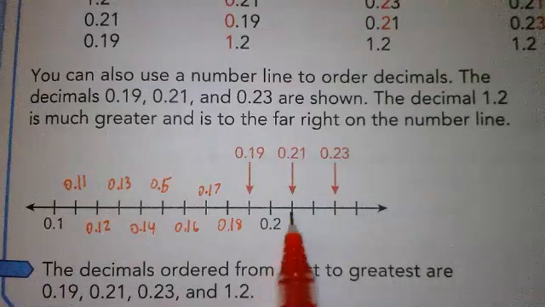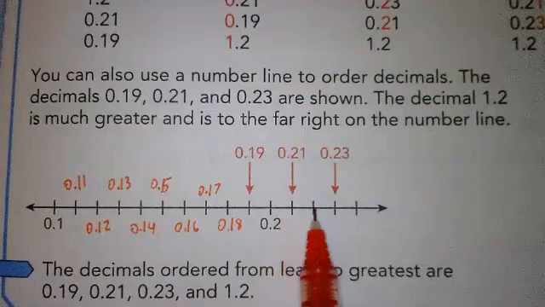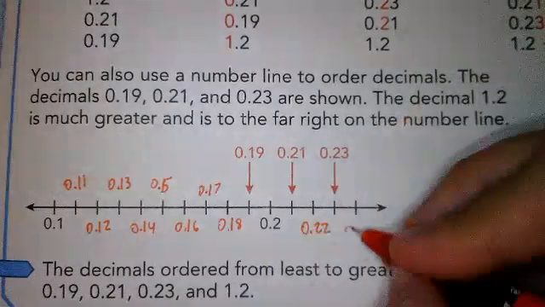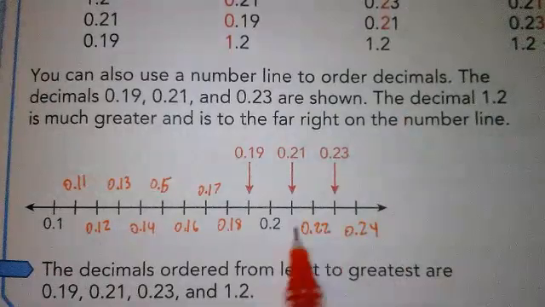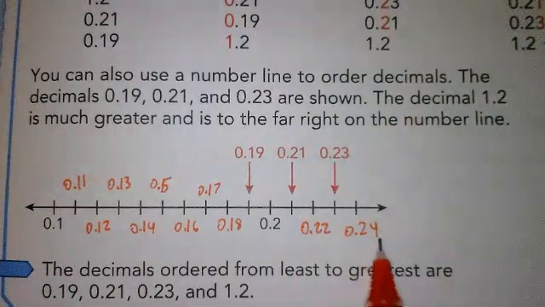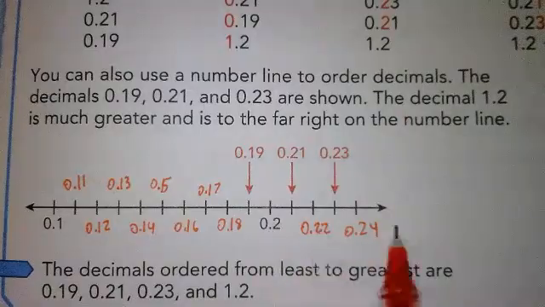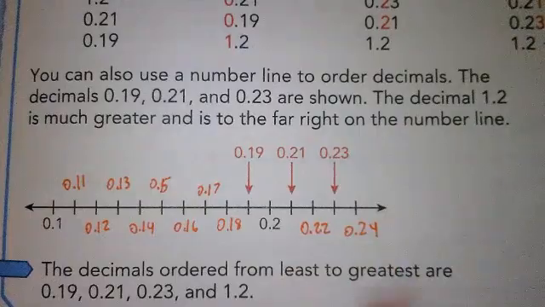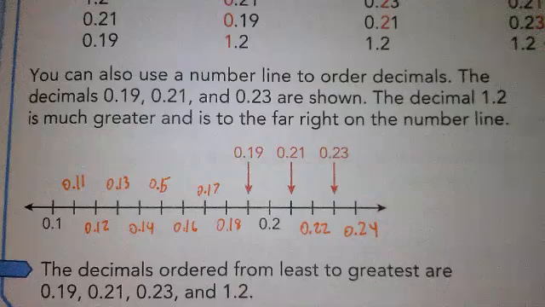So now it's 0.21, 0.22. We can mark that here if we want. 0.23, 0.24. And we'd have to go all the way till we get to, so we'd go through all the 0.2s, all the 0.3s, 0.4s, 0.5, 0.6, 0.7, 0.8, 0.9 before we got to 1.2.